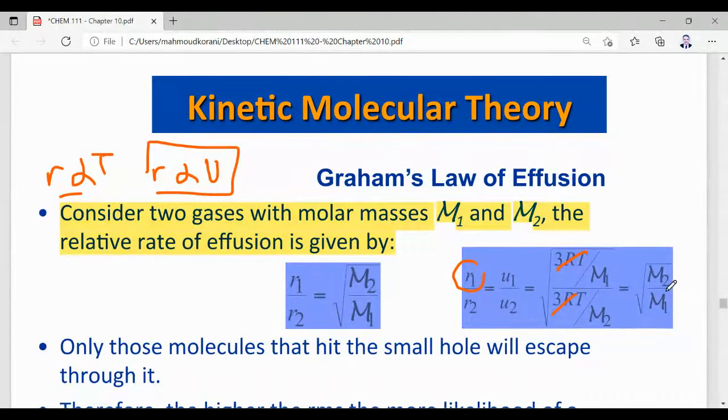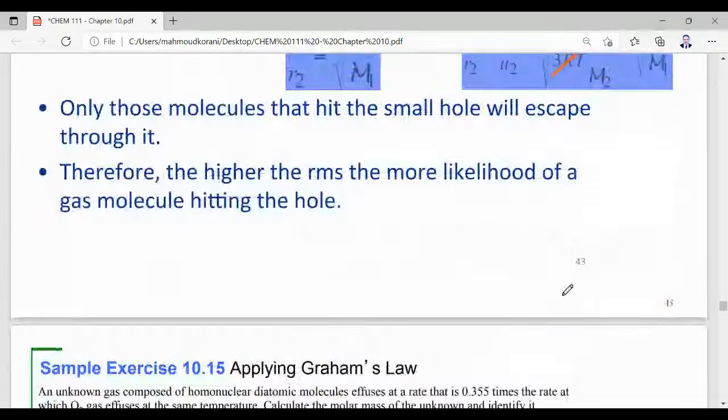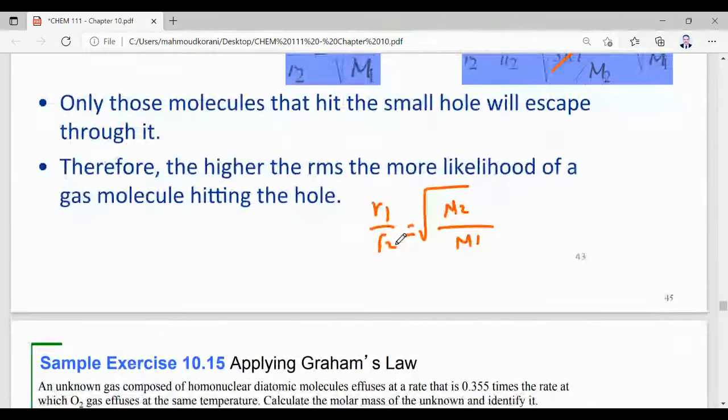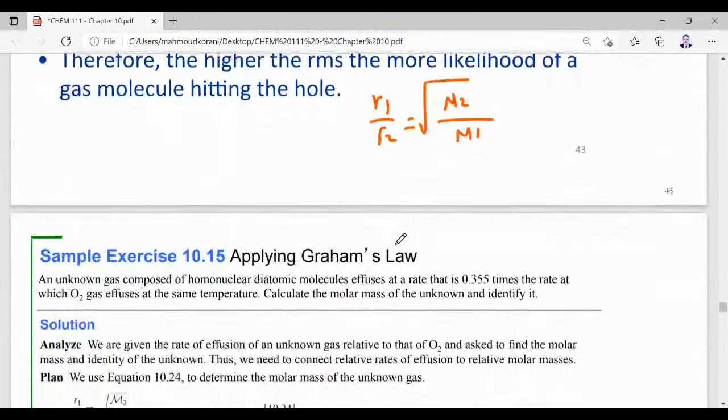So it should be R1 over R2 equals the square root of M2 over M1, because it's inversely proportional. Therefore, the higher the RMS, the more likelihood of the gas molecule hitting the hole.